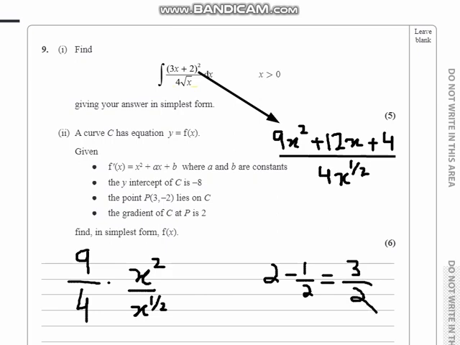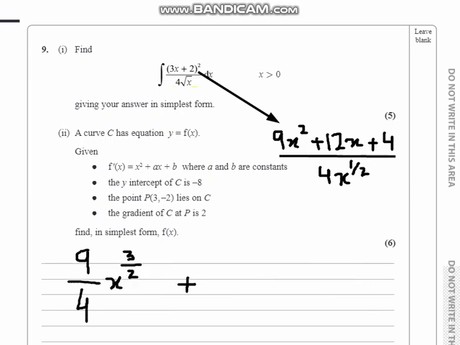Moving on to the second term, 12x upon 4x to the power half. Now 12 can be divided by 4 and that will give us 3, and as I said, powers being divided are being subtracted, so we have x to the power 1 minus a half. And the last term is 4 divided by 4x to the power half.